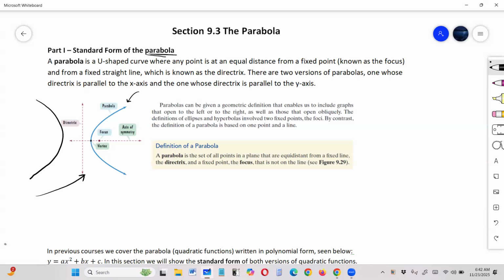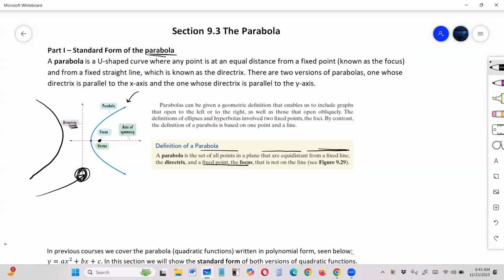But the main idea is a parabola is a curve like this where we have a couple of distances that are fixed from this directrix to the focus right here. Okay, so the definition is here: a parabola is the set of all points in a plane that are equidistant from a fixed line, that's the directrix, this line that you see over here, and a fixed point, the focus, which is right here.